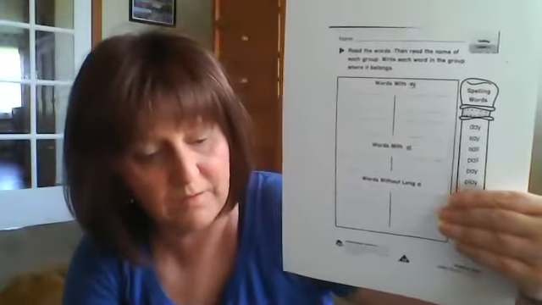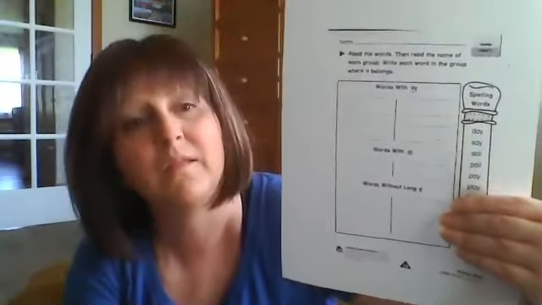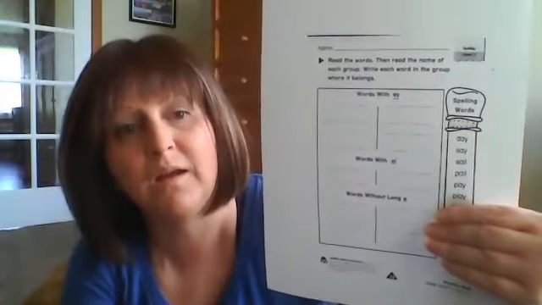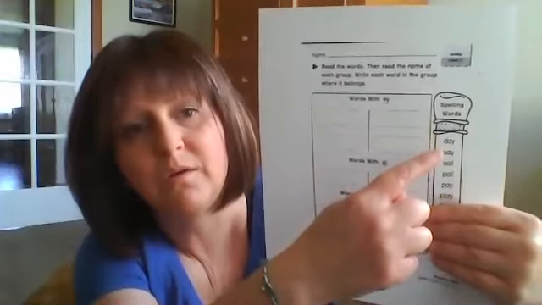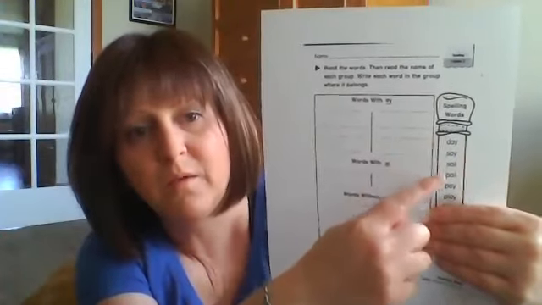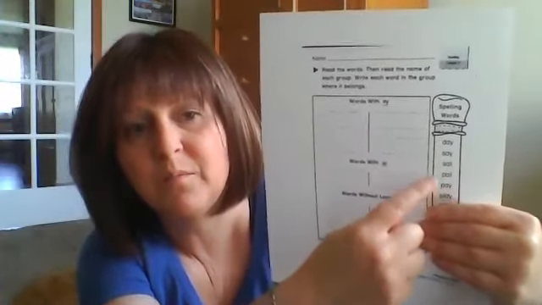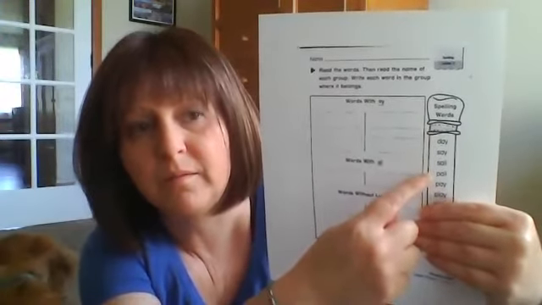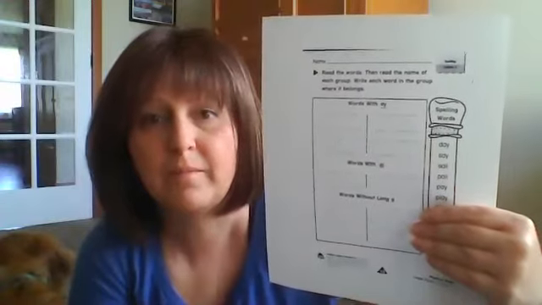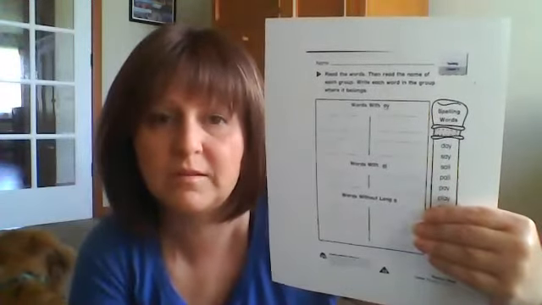You might have also noticed that the words that have AY in it are typically at the end of a word. And then the words with the AI are typically in the middle of a word. Tap your head if you notice those 2 things.